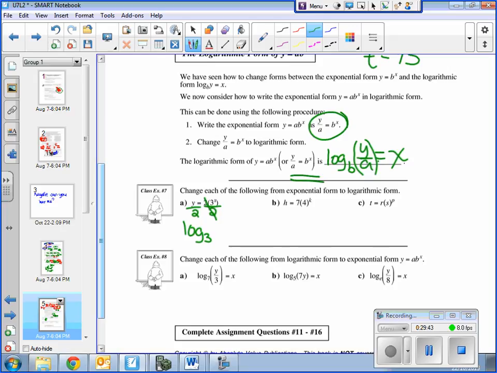What's my argument? Y over 2 equals just x. Your 3 is your base, because 2 is your a value. Okay, that makes sense.